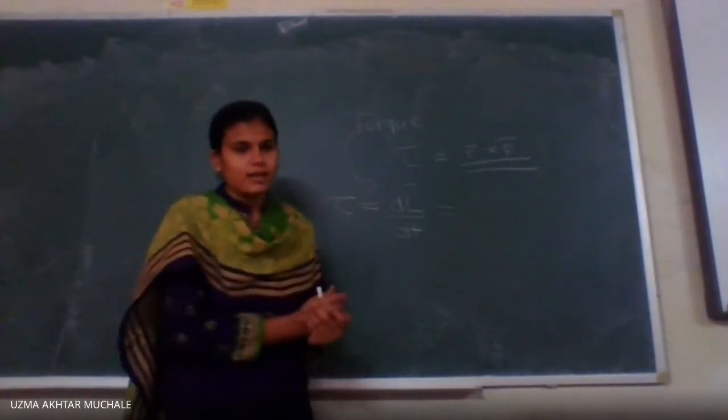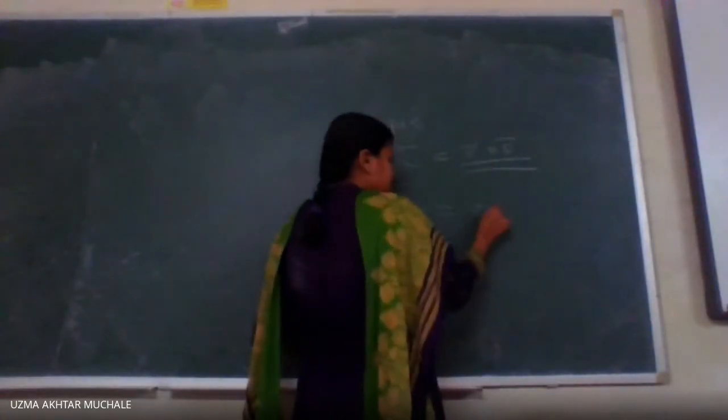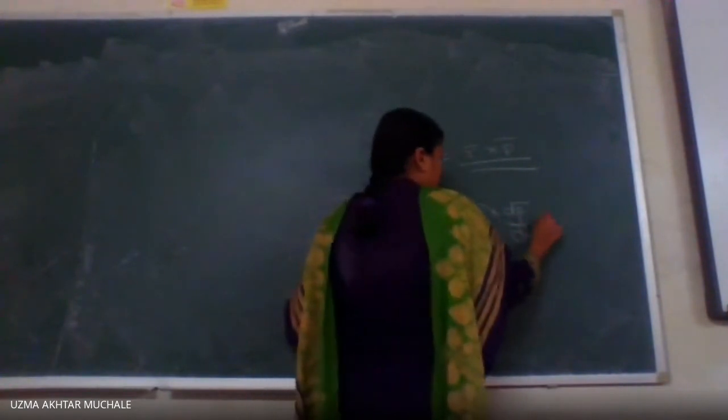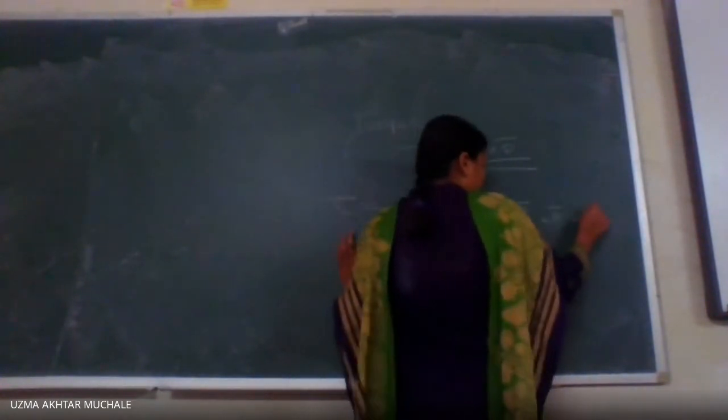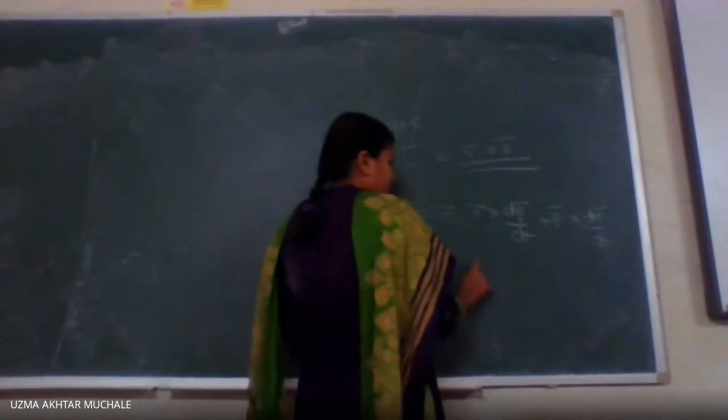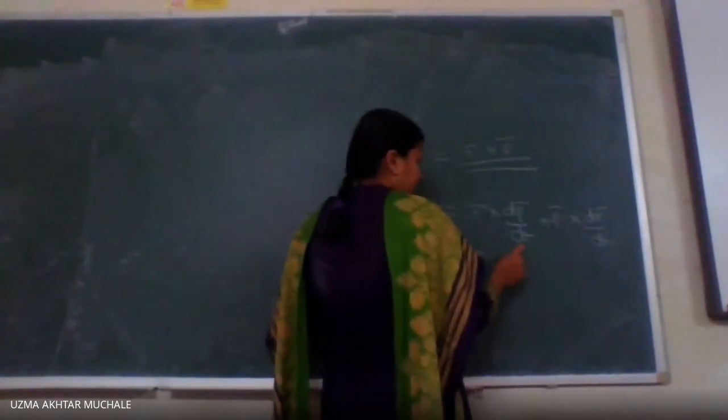U into dv by dt plus V into du by dt. So what is U here? R bar as it is, into dp by dt, plus P as it is, cross dr bar by dt. So here we get R bar cross dp bar by dt.